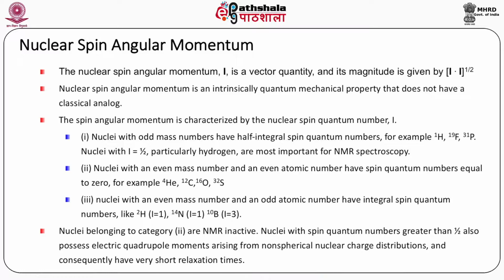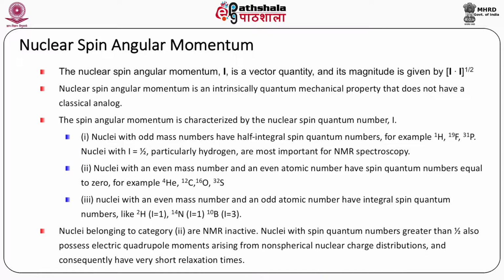Nuclei with I equal to half, particularly hydrogen, are most important for NMR spectroscopy. Nuclei with an even mass number and an even atomic number have spin quantum number equal to 0. For example, helium, C12, O16 and S32.